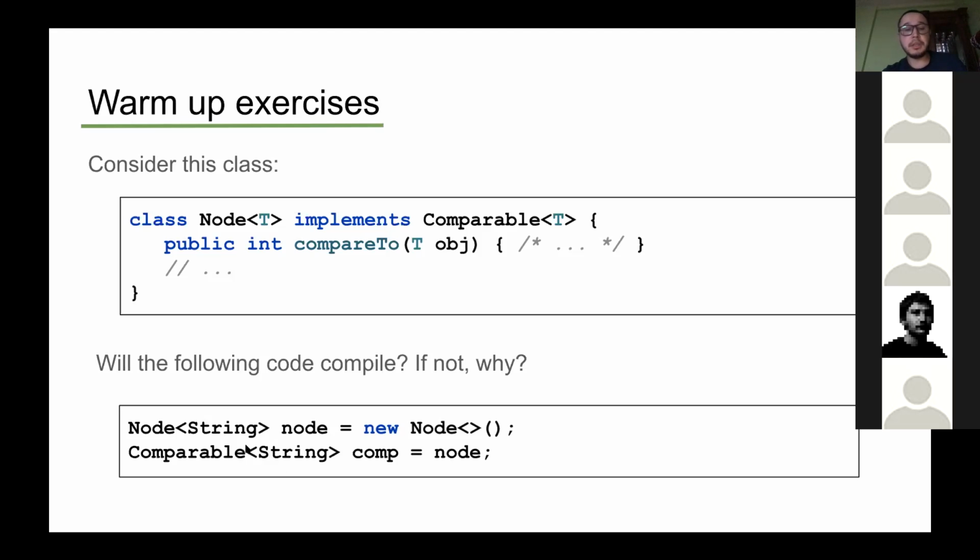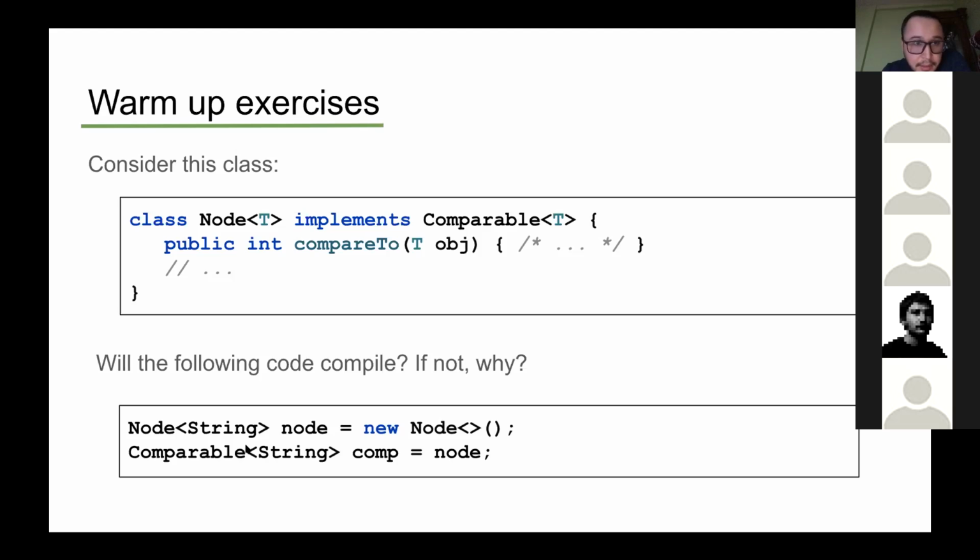So here it could be compiled because first of all, the node implements comparable, right? The second reason is that they have the same parameter type, which is string.